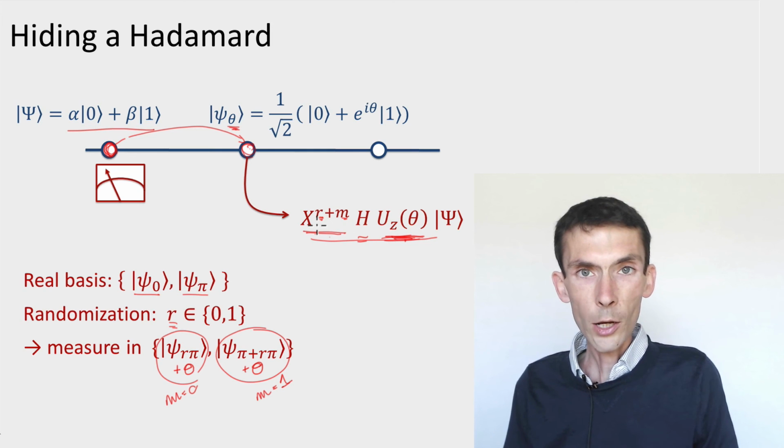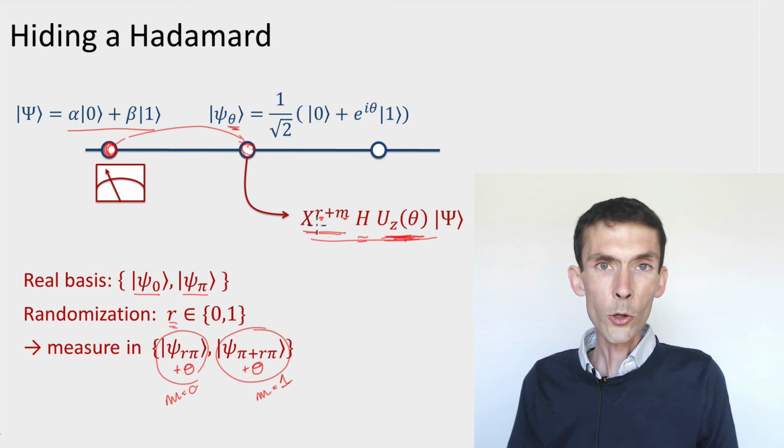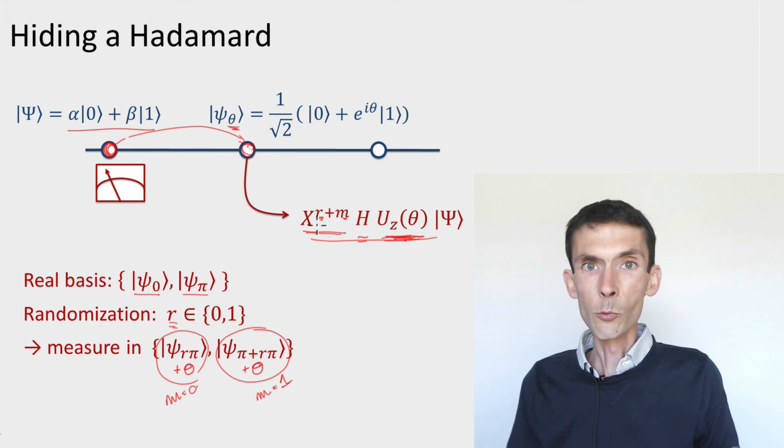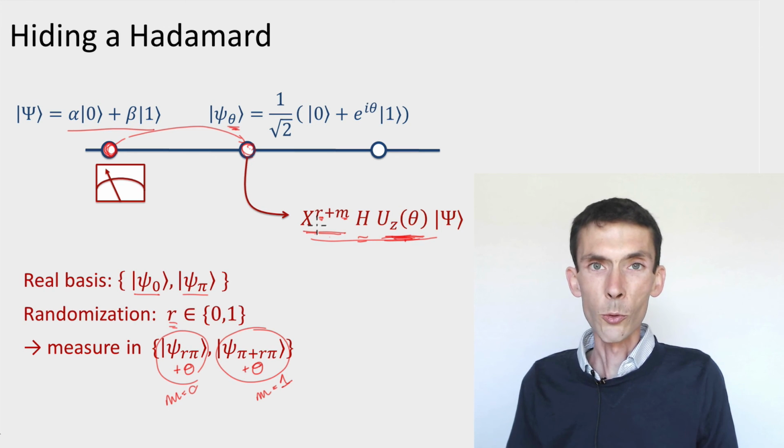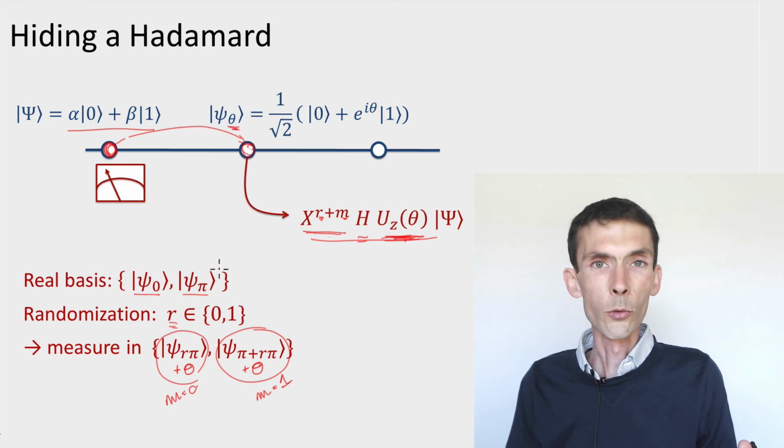But by keeping track of these values, the verifier will be able at the end of the protocol to correct for the outcome that the prover reports to it in order to deduce the real outcome of the computation that was supposed to be performed. And in this way, everything is completely hidden from the point of view of the prover.